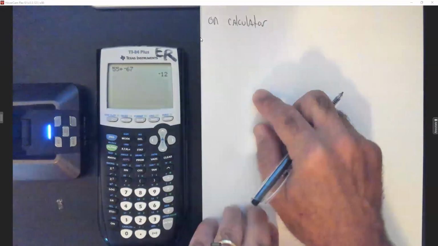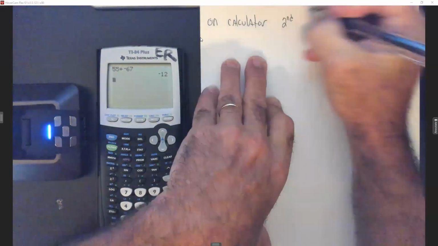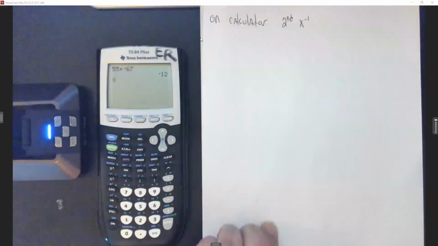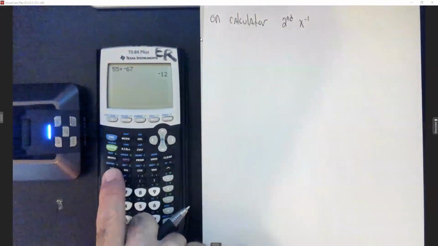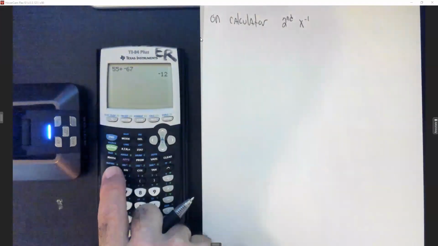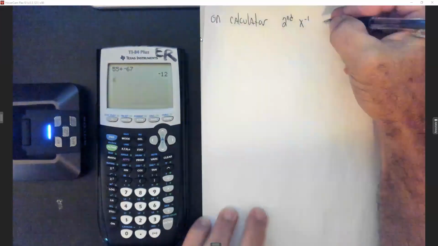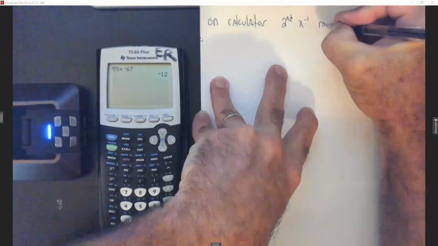To get to the matrix, I'm going to hit the button that says second and then the x -1. It's on the left side, the second button, and then the x -1. If you look right above it, it says matrix. So these are matrices, and when you put in a matrix, you've got to put the rows by columns.